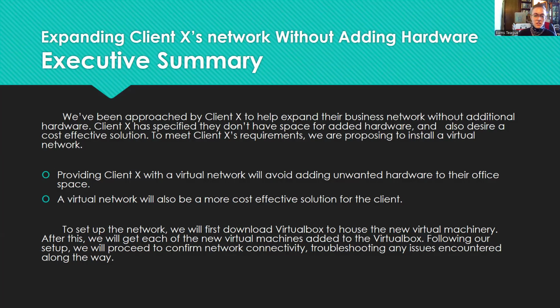To set up said network, we're first going to download a program called VirtualBox, which we'll use to house our new virtual machinery. After this, we will make sure each of our virtual machines is added to our VirtualBox in order to get them up and running. Following this setup, we will proceed to confirm that our network connectivity amongst the new virtual network is working, troubleshooting any issues we encounter along the way.